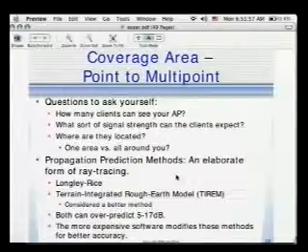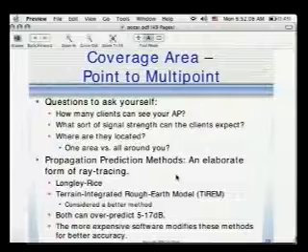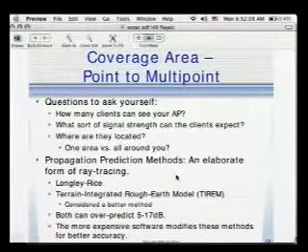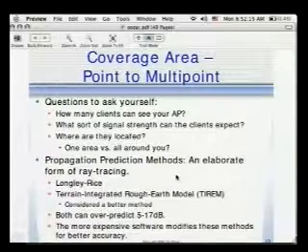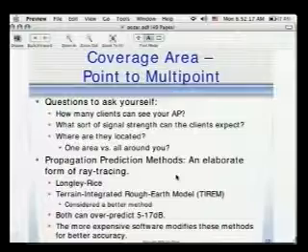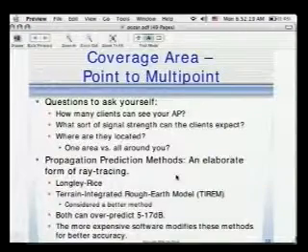Typically, the way that you do this is through an elaborate form of what is known as ray tracing. There's a couple of different propagation models on this. One's called Longley-Rice, the other one's called TIREM. You can find them in Radio Mobile or EDX or various other software prediction models, which will usually use these.